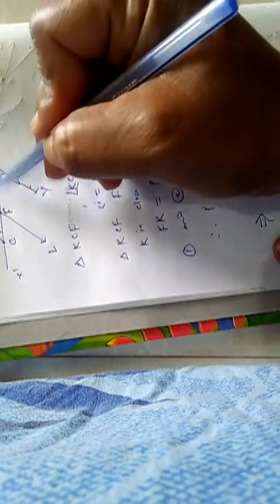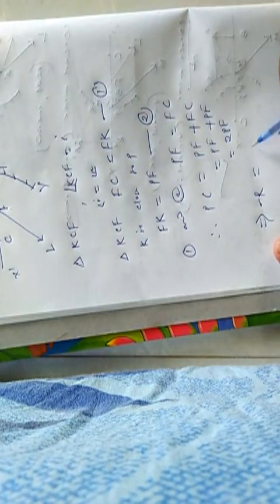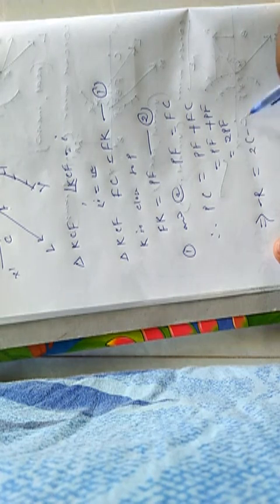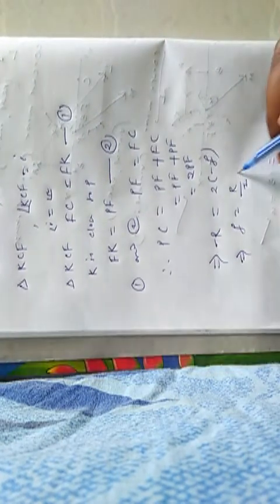So PC, which is taken as radius of curvature, minus r, left side is equal to 2 into minus small f. PF is equal to focal length. So we can write f is equal to r by 2. Focal length of the spherical mirror is half of the radius of curvature.